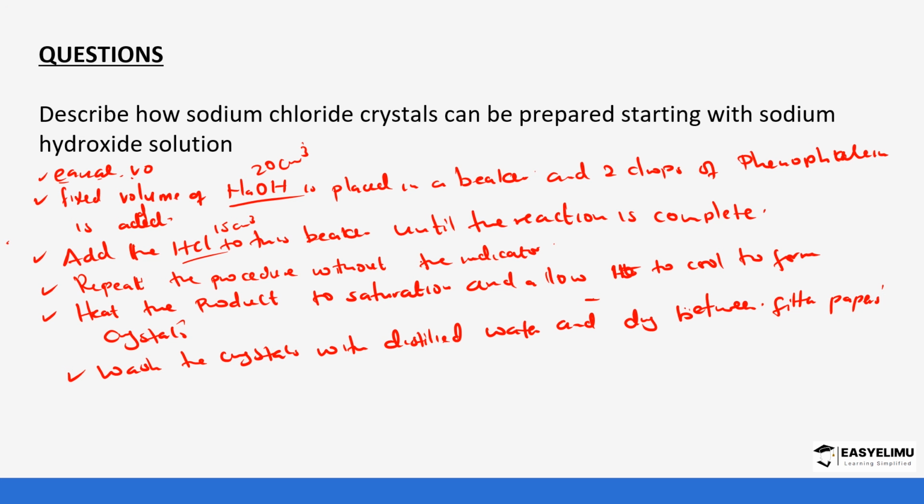And then you repeat the process without the indicator, you get your product, and your product is going to be sodium chloride solution. So you heat the product because there is still water in part of the product, it's going to evaporate and then you're left with the crystals after they cool down. So that's how you prepare sodium chloride using sodium hydroxide solution.